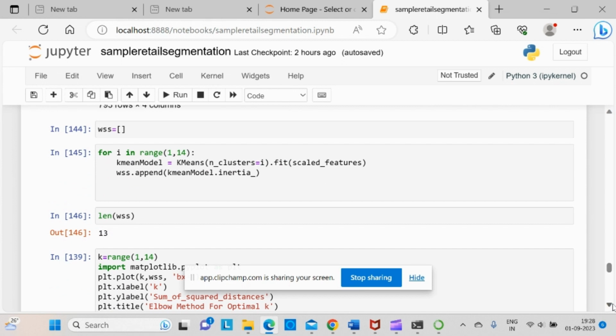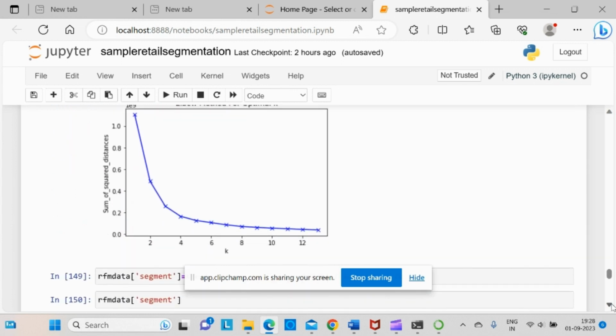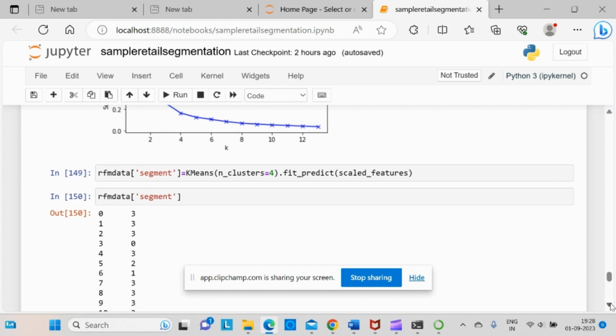So all of us know that the first step in k-means clustering is to identify the optimal number of clusters. This is by the elbow method. Based on this elbow method, we identify the optimal number of clusters is 4, and then we say, okay, let's strategically group all these customers into 4 buckets.